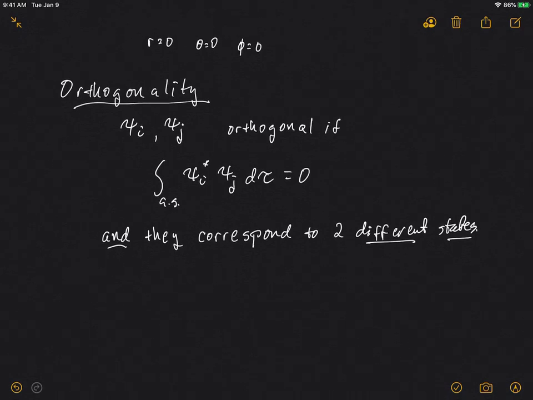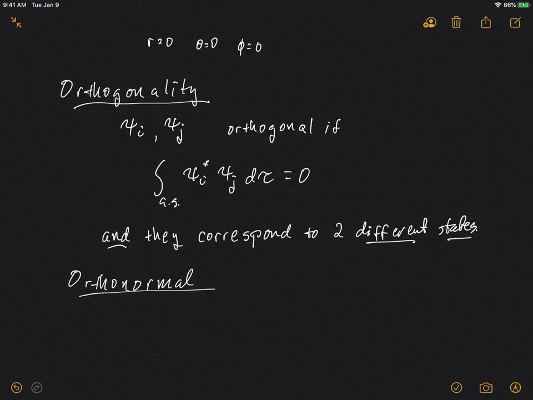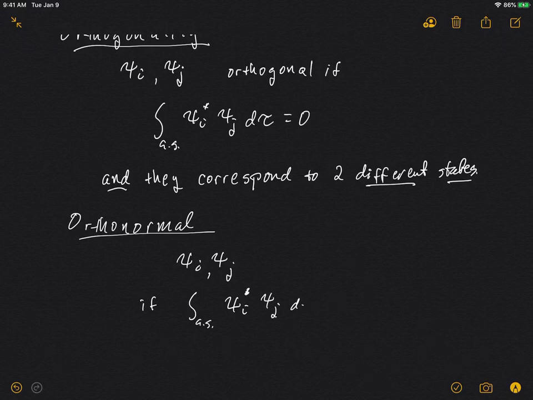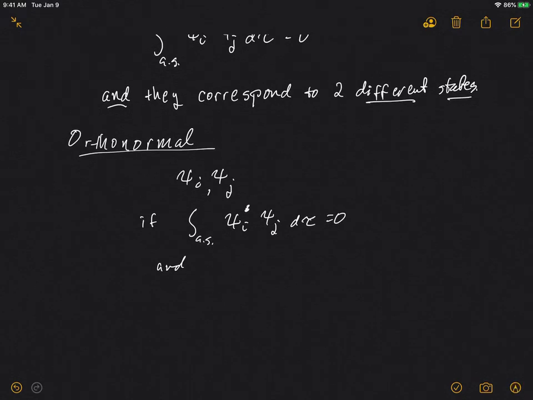And so we say that two wave functions psi i and psi j are orthonormal if they are orthogonal to each other and each state itself is normalized. So each one of these wave functions would be normalized.